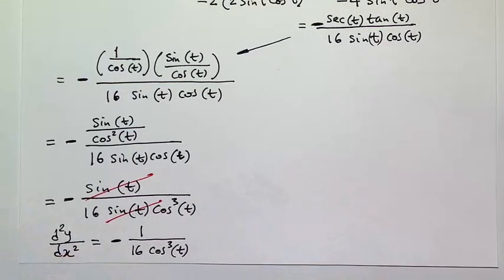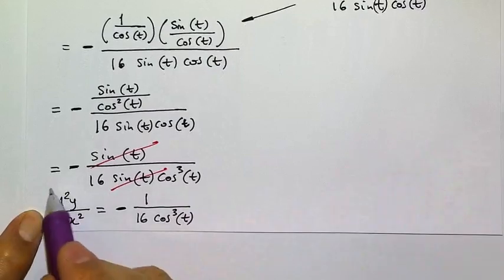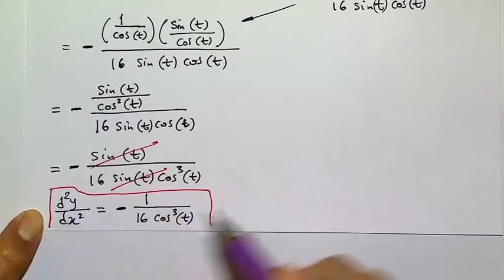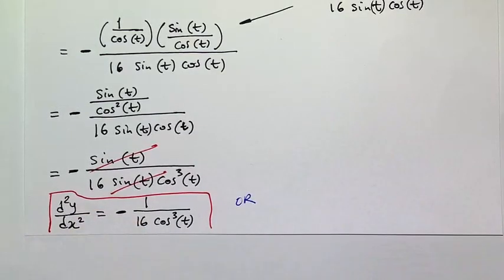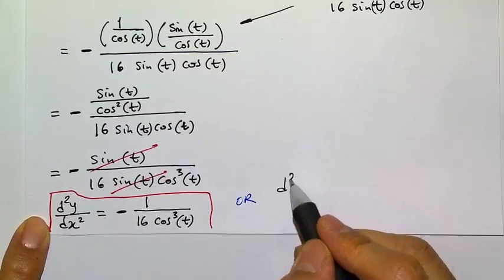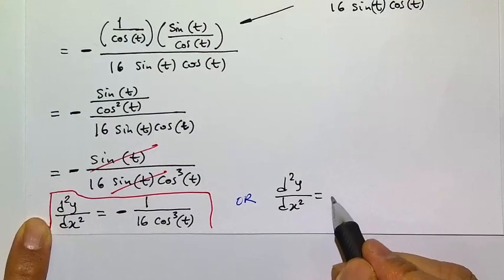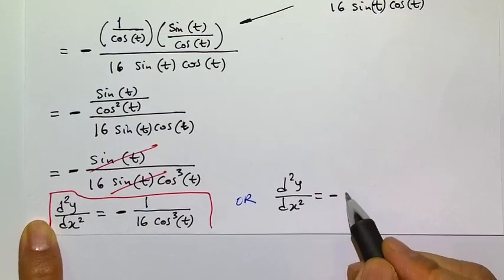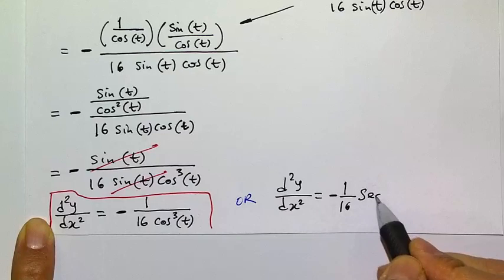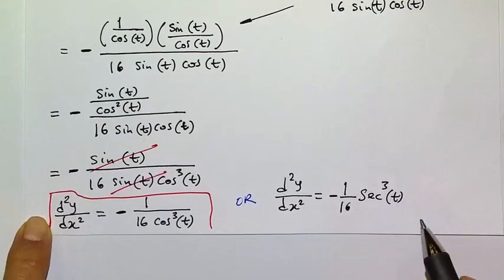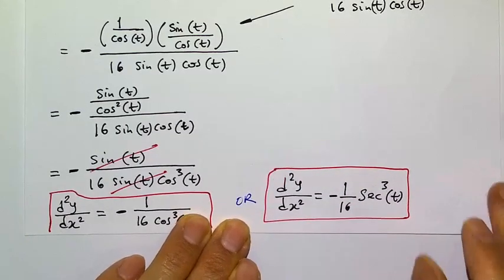Let me box this. So either this is correct and done, or we can write it in terms of secant: d squared y over dx squared equals minus 1 over 16 times secant cubed t. Either that or that. Okay.